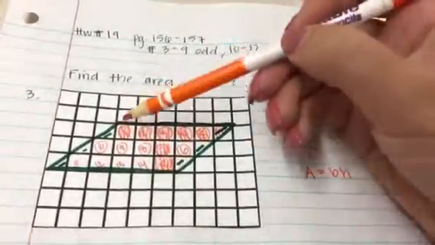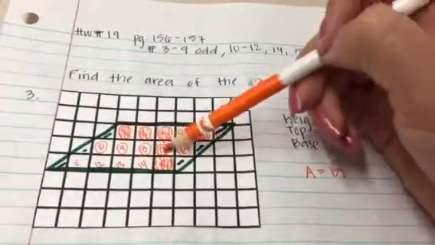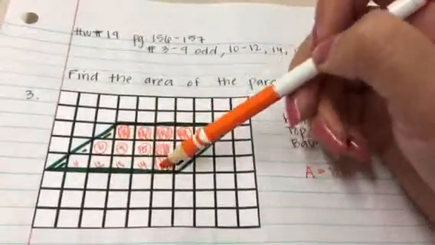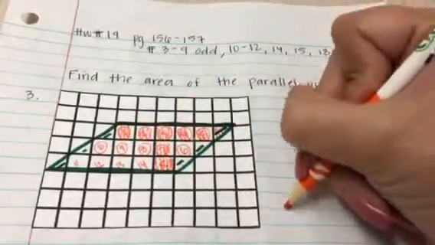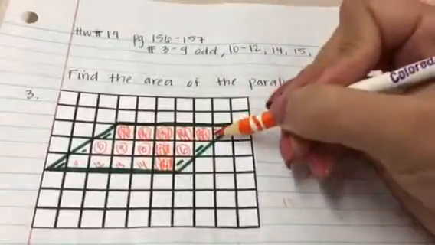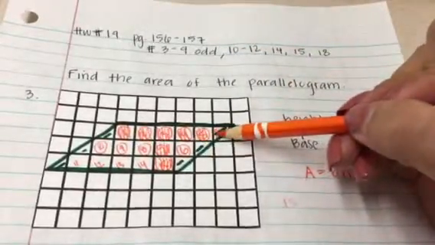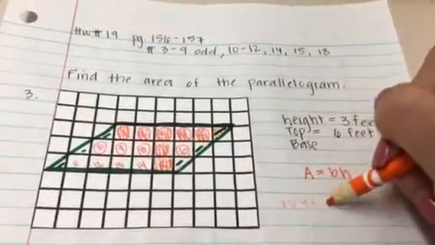So all of these squares that are shaded in orange, 1, 2, 3, 4, 5, 6, 7, 8, 9, 10, 11, 12, 13, 14, 15. These are 15 complete squares, right? We have 15 so far. Now these little half squares, 1/2 and 1/2 makes 1, right? So that would be 1 complete plus 1.